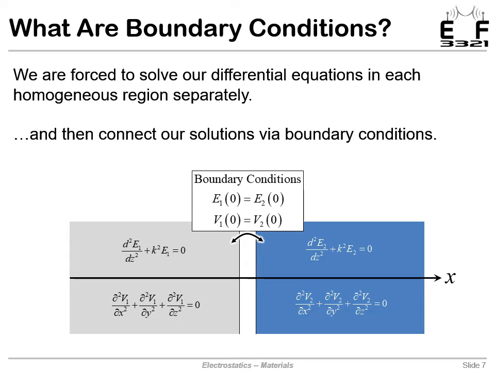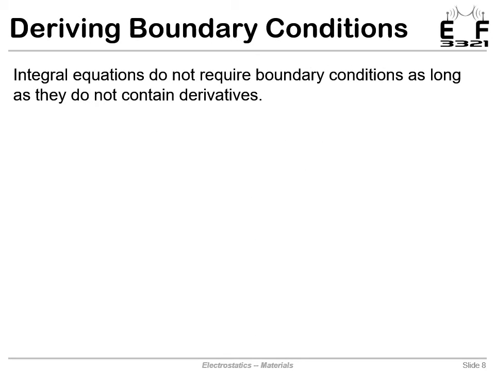And usually this means that the function values on either side of an interface are equal. And that way the overall function is continuous all the way through the device. Interestingly, integral equations don't require boundary conditions unless they contain some derivatives. But if it's a pure integral equation, no boundary conditions.